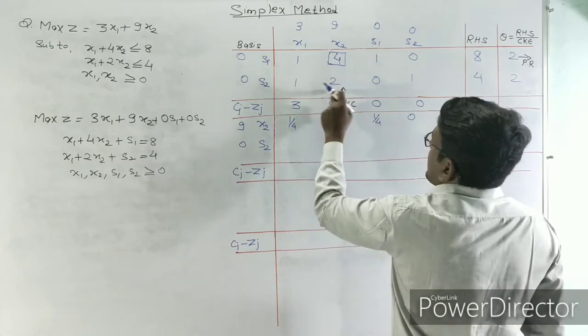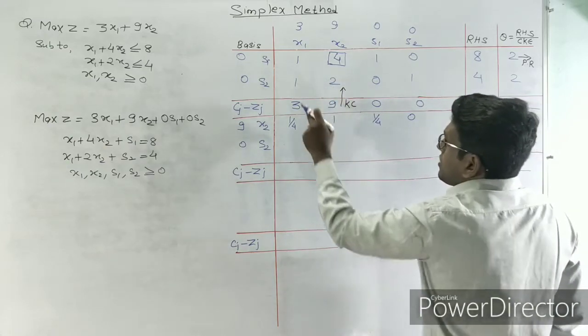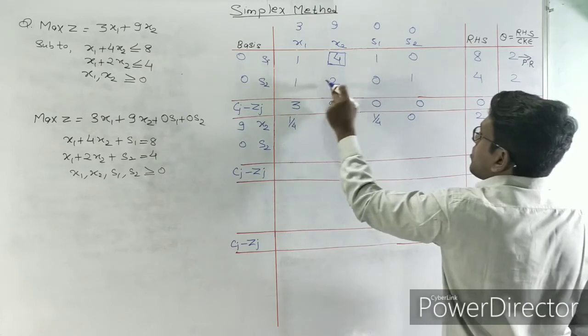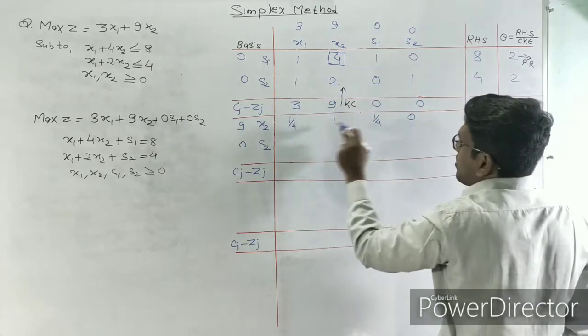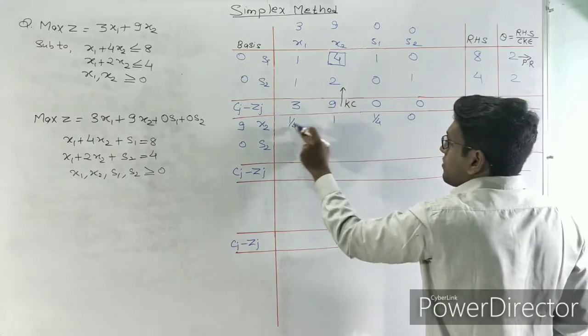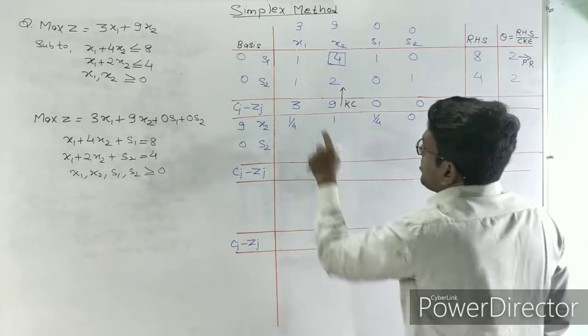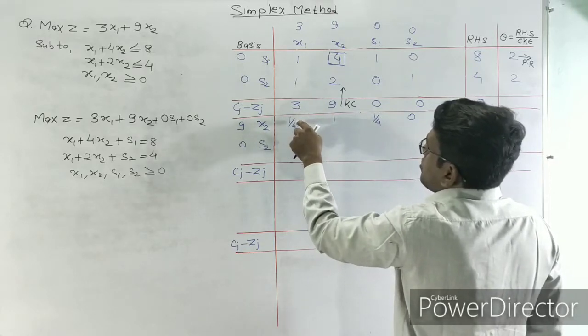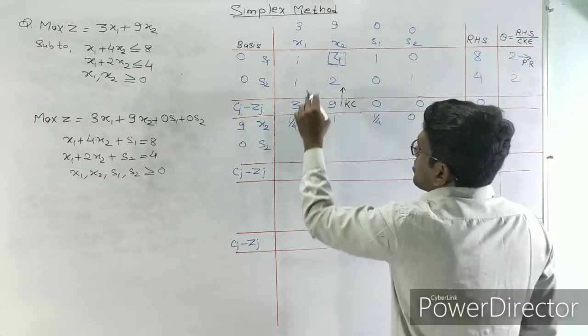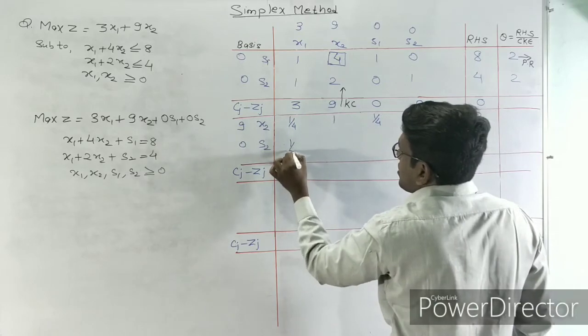And we need to make this element 0. So what I'll do is row 2 minus 2 times new row 1. Row 2 minus 2 times new row 1. So this will be 1 minus 2 times 1 by 4, that means 2 into 1 by 4, this will be 1 by 2. So this minus this will be 1 by 2.